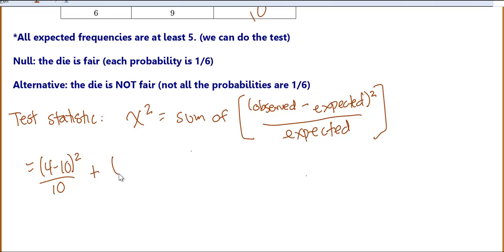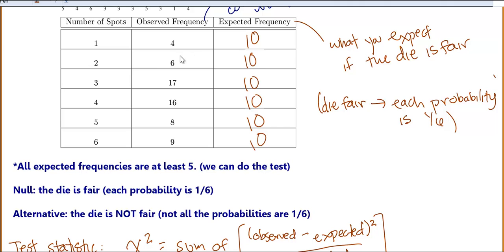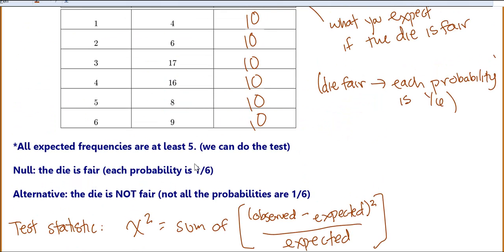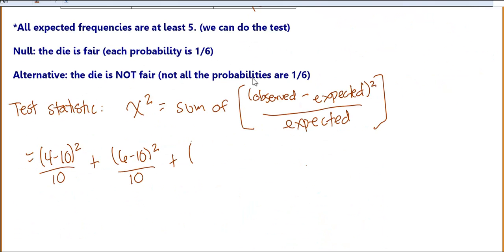Plus, now we do our next one. So the next observed is 6 with an expected of 10. So 6 minus 10 squared over 10. Plus my next value is the 17 observed, 10 expected.